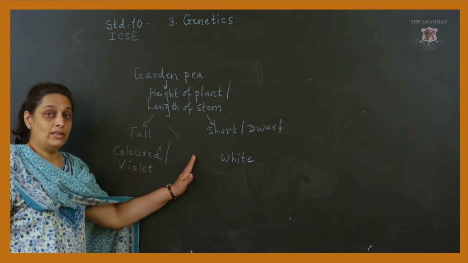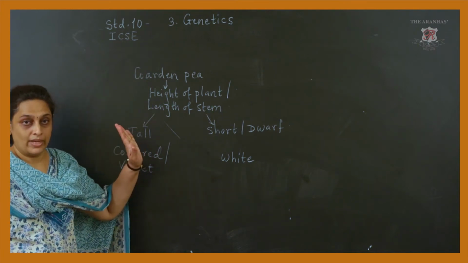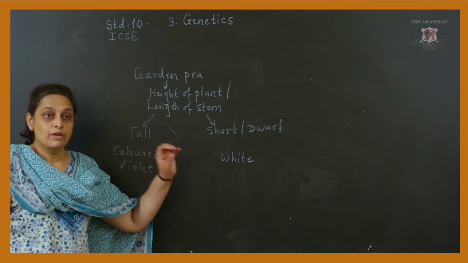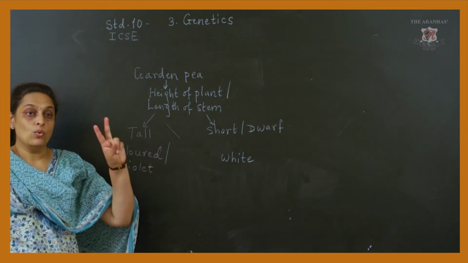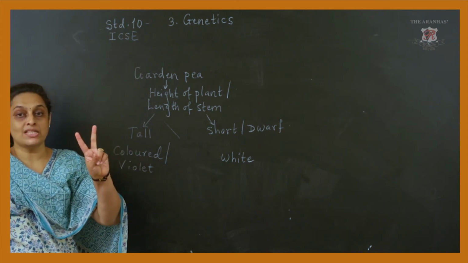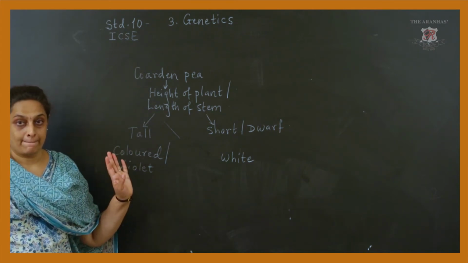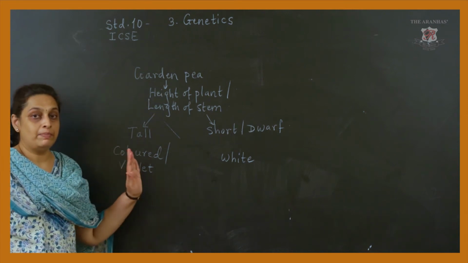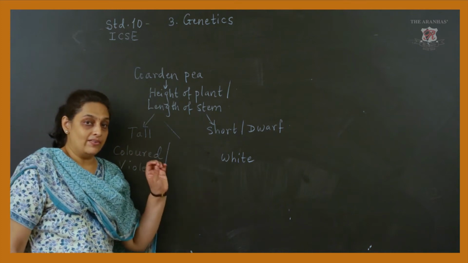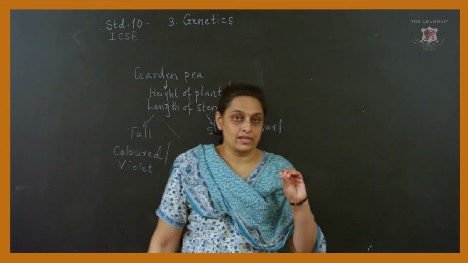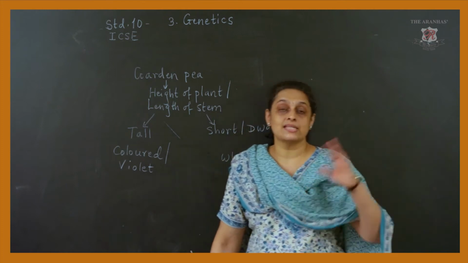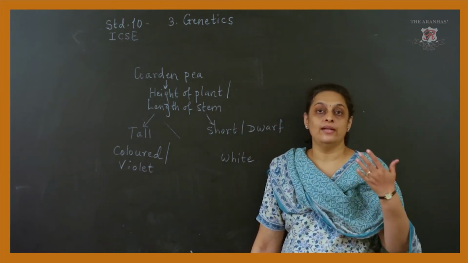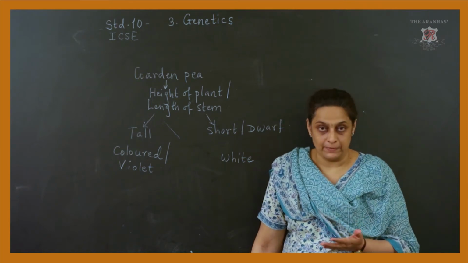No in-between third color. Okay. So contrasting characters means for every character only two extreme possibilities are seen. Understood? So this is how in garden pea plant 7 such characters with their contrasting possibilities were taken into account by Mendel.